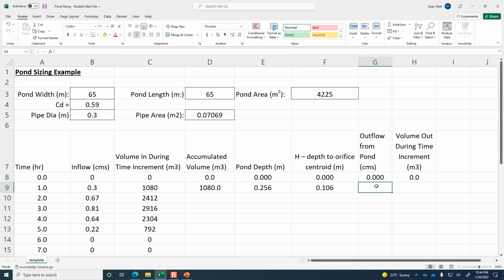Now, the outflow, we're going to calculate Q is C sub D times the velocity, which is the square root of 2gh. Okay? So the flow out is times the area of the pipe.